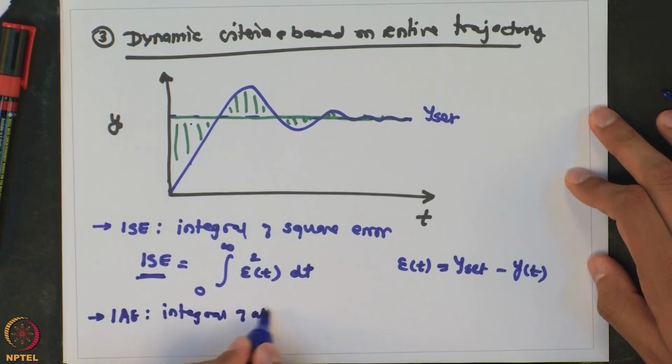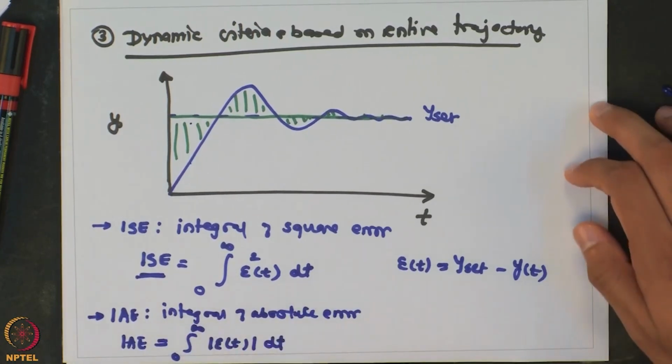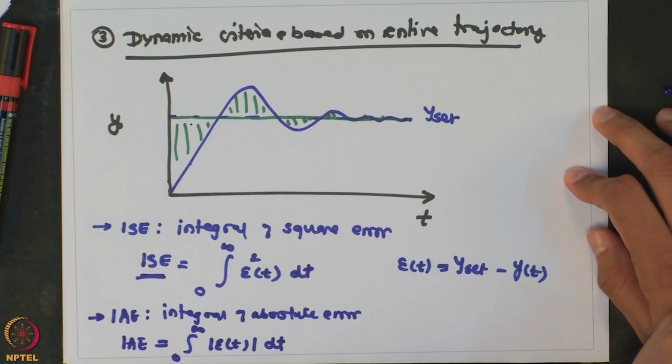Similarly, IAE is also defined as integral of absolute error. IAE will be defined as integral over the entire trajectory of absolute error. Now you may want to say that both these are equivalent.